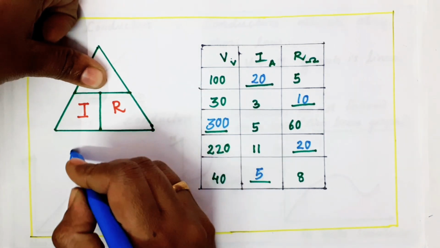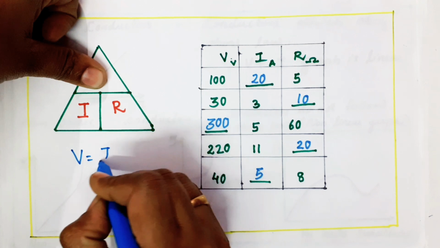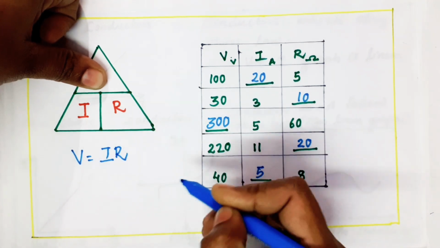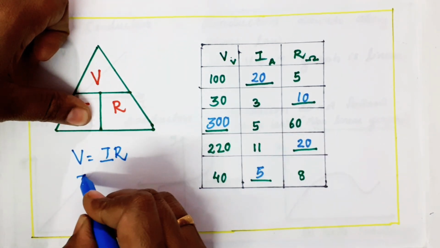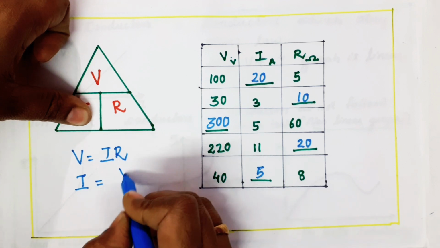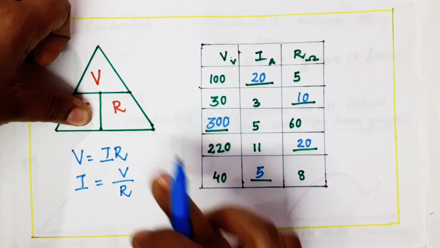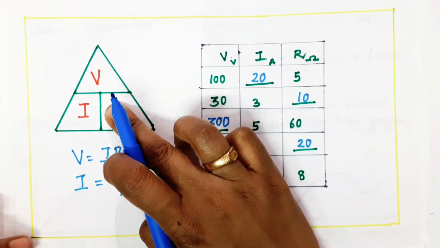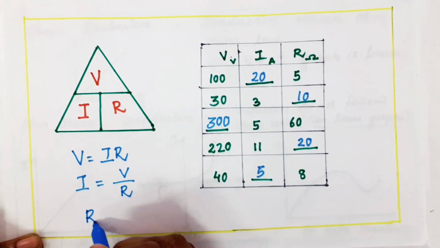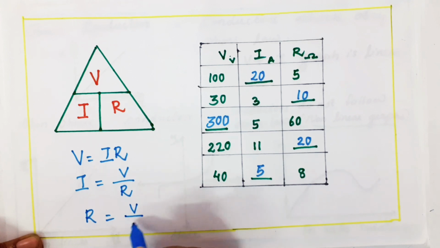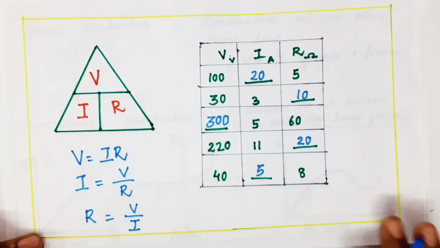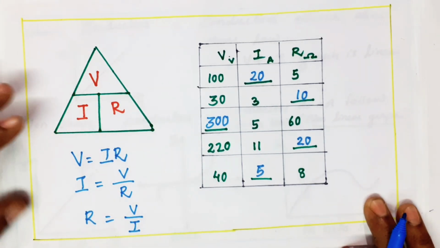Simple. So V equals IR. Okay, very simple. If you need I, you close I. I equals V divided by R. Okay, easy, right? If you want R, you close it like this. R I can write it as V by I. So I got like a shortcut formula.